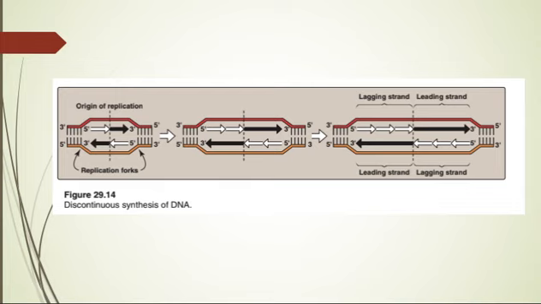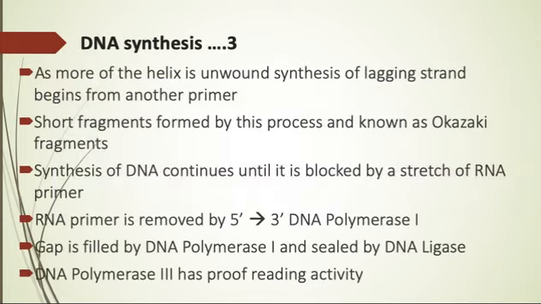Next, what happens? As more of the helix is unwound, the synthesis of the lagging strand begins from another primer. The primer is required. The short fragments formed by this process are known as the Okazaki fragments. The synthesis of the DNA continues till it is blocked by a stretch of an RNA primer.